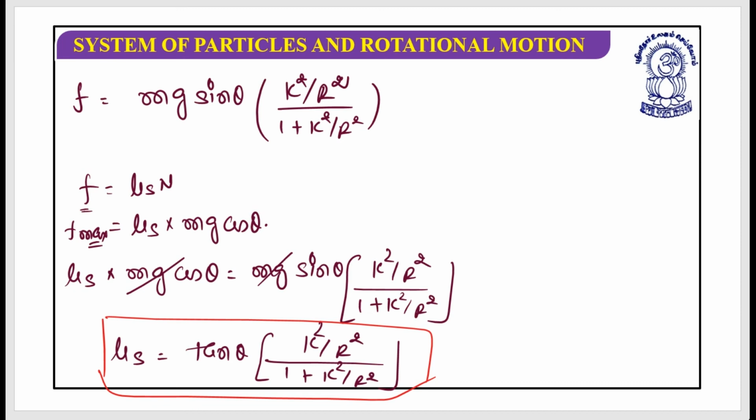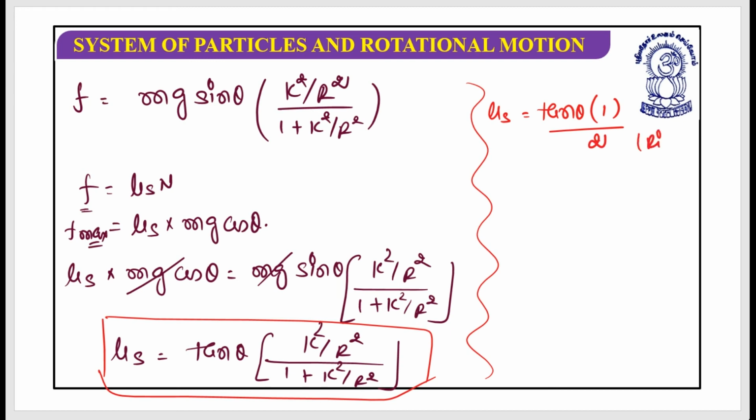Is it clear? Are you sure? So if I find the mu s for every individual object, let's take the mu s for a ring. Then it would be tan theta into bracket k square by r square, which is 1, divided by 1 plus 1, which is 2.